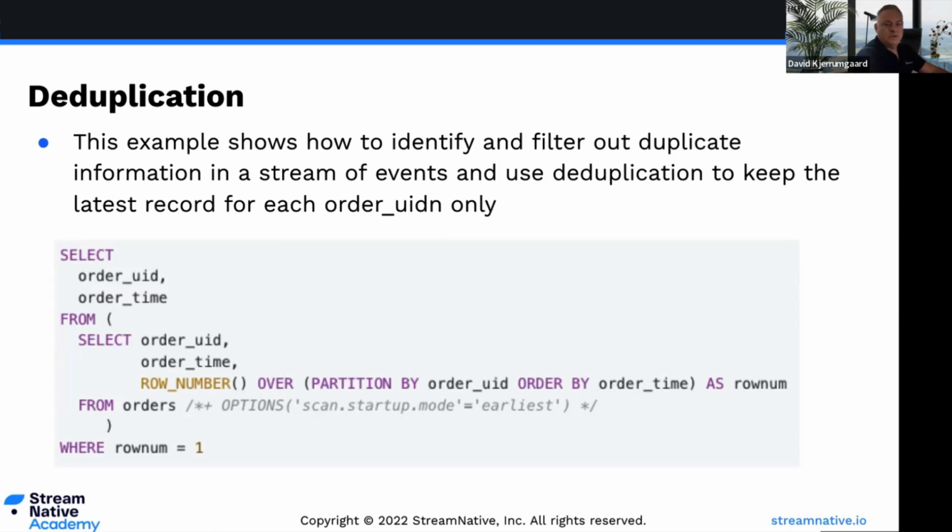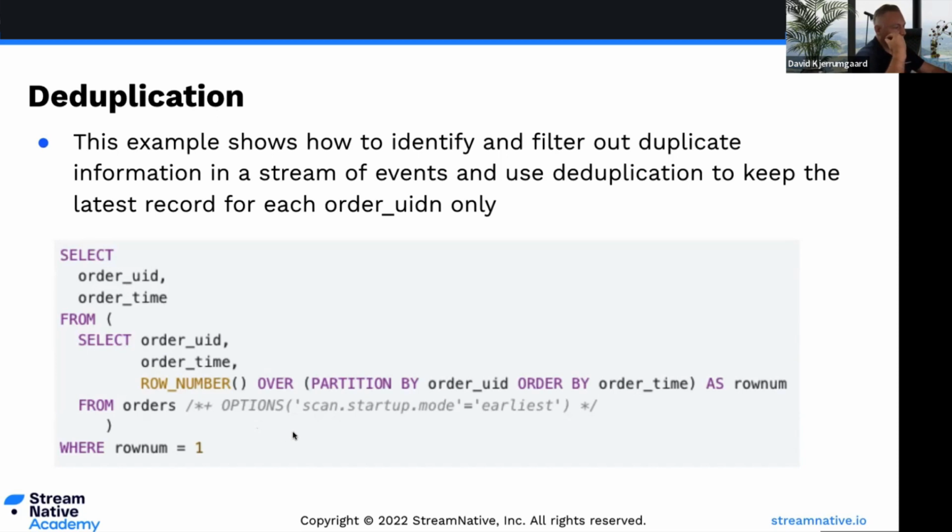This way, if there are any orders with the exact same order UID and order time, which is a good indication of a duplicate record, then these identical rows can be distinguished by these auto-generated row IDs. And since we only select the first row, where here at the bottom row number equals 1, we automatically filter out any and all duplicates, right? So you're basically tagging this row number. If you have any unique ones or duplicates, you can account for that with SQL queries for whatever reason.